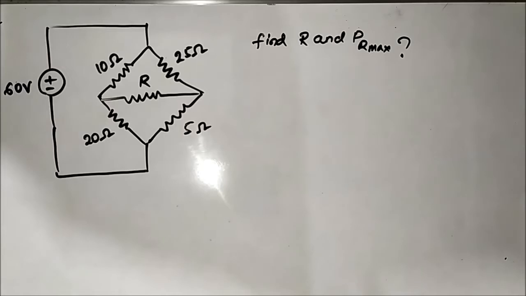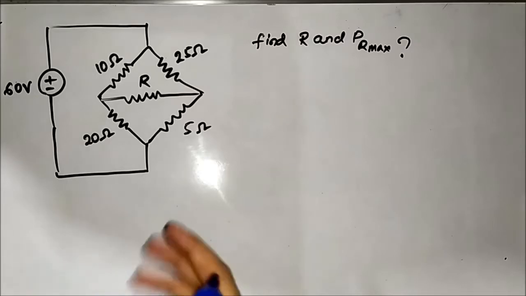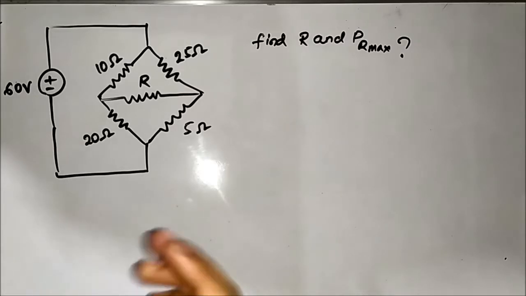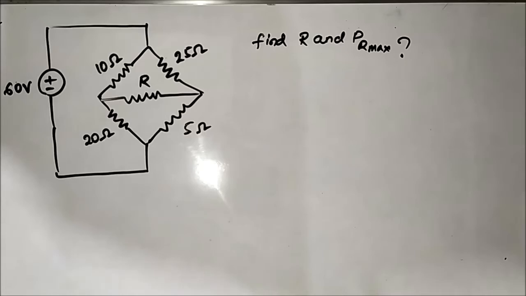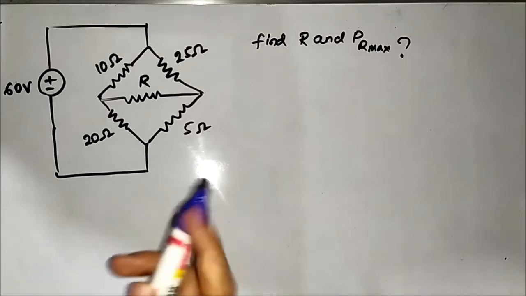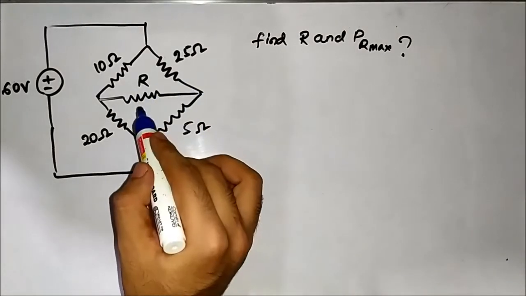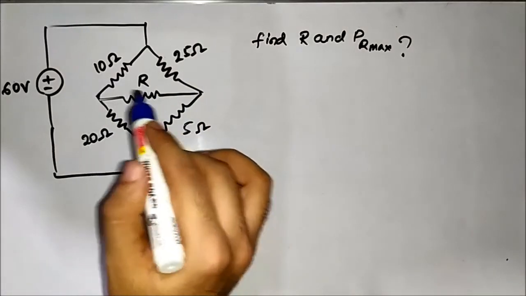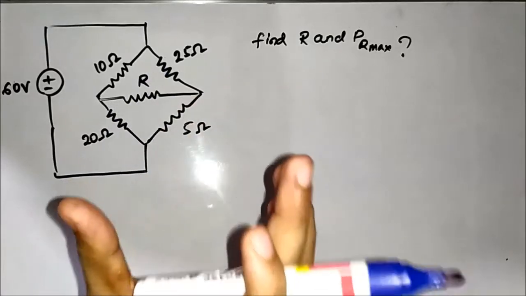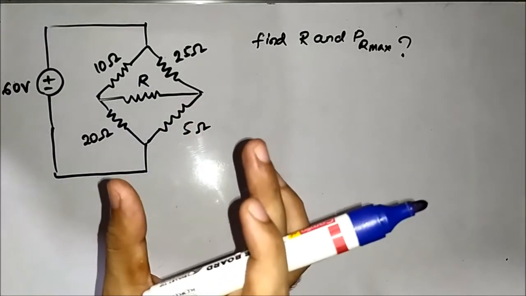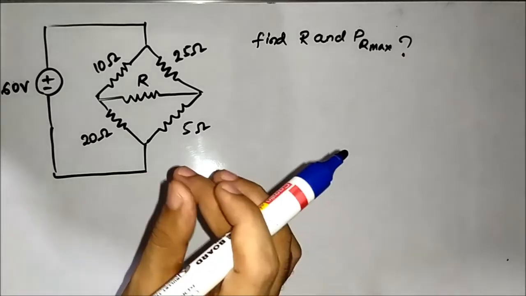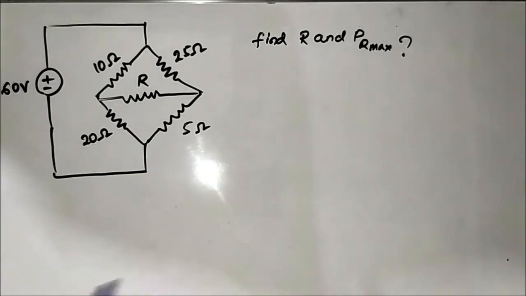So this is the 9th question related to maximum power transfer theorem which we are going to discuss. Here we have this typical bridge circuit, and we have been asked to find the value of this resistor R such that maximum power transfer happens to it, and the value of that particular resistance for which maximum power transfer happens.